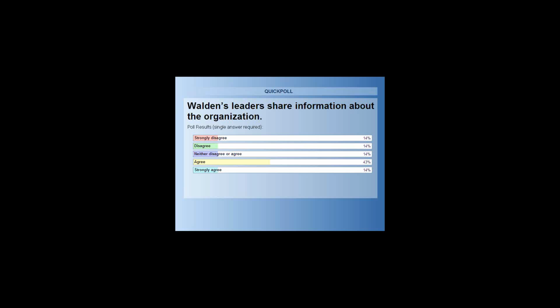I think communication is a challenge in any higher learning organization, but I would see that as a particular challenge at Walden just because of the online nature. The way we're communicating today, you don't have everyone, like on my campus, where everyone comes to campus every day. You don't have that type of a setting here. People are dispersed geographically.